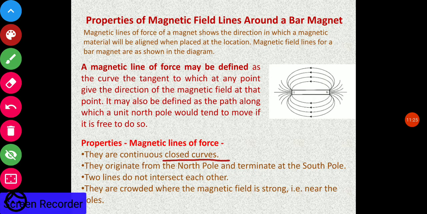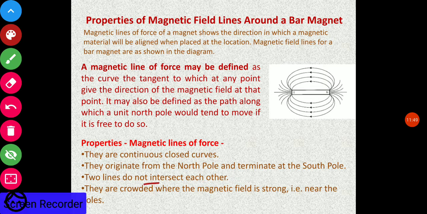Like electric lines of force, two magnetic lines of force do not intersect each other. Why do they not intersect? Because if they did, then at the point of intersection we would have two tangents showing two directions of the magnetic field at the same point, which is not possible.